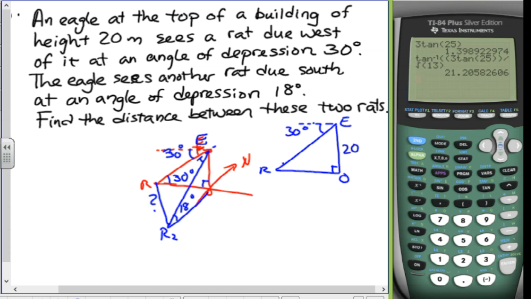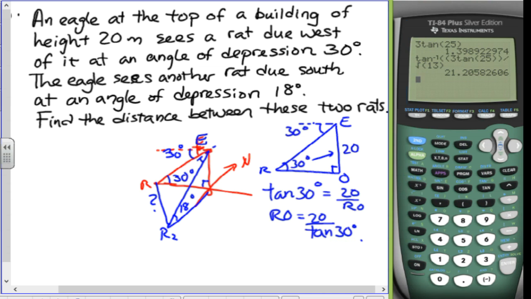Because these two lines are parallel, this is also 30 degrees. So the first thing I'm going to do is find out what RO is. Tangent 30 degrees is equal to 20 over RO. Therefore, RO is 20 over tangent 30 degrees.